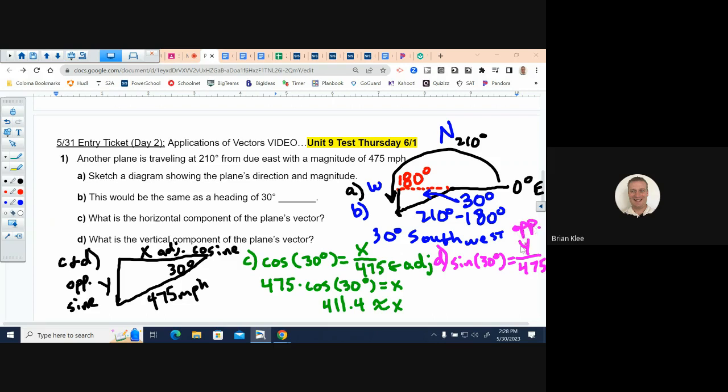So cosine dealt with adjacent, and I labeled that wrong. Adjacent's up here. The hypotenuse is in both these problems. It's the denominator. Okay, once again, our work's going to be very similar. Opposite of divide by 475 is multiply.